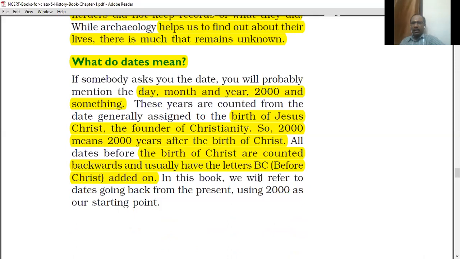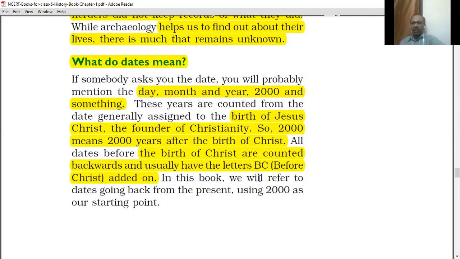The date is important. Each and every day, one day is gone, and the next day comes. The date is important. Our birthday date to death date is very important. In our life, the date is a very significant factor.